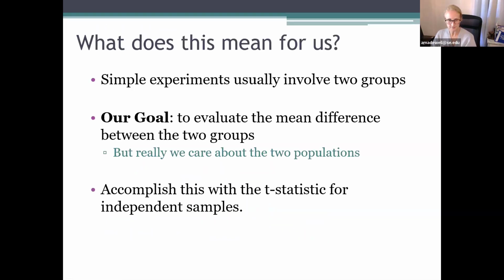All right, so what does this mean for us? Simple experiments most commonly involve two groups of people, and our goal is to evaluate their mean difference. So really circle this mean difference right here. We really care about the populations, but it's too expensive to collect data from everybody, and we can't expose everybody in the population to our new experimental drug, can we?